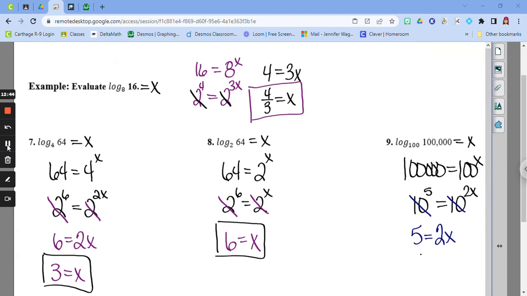Divide both sides by 2. And 5 halves or 2.5. Either one of those work. Questions on these 3? All right, let's take a look at our last 3, and then we'll go back to our graphs.